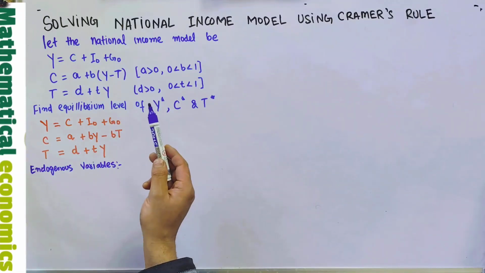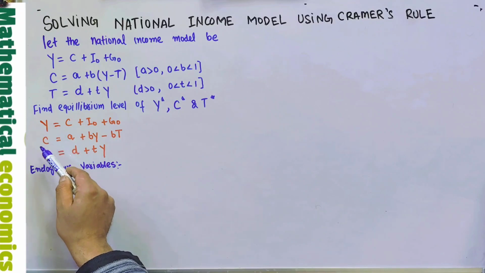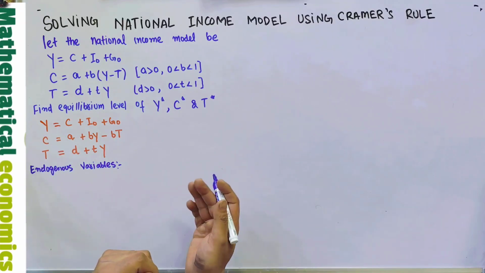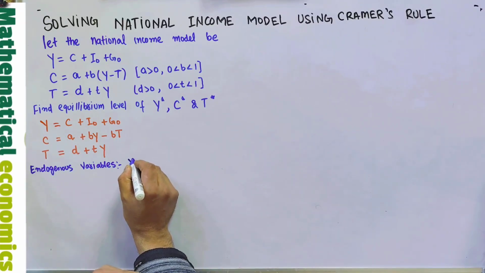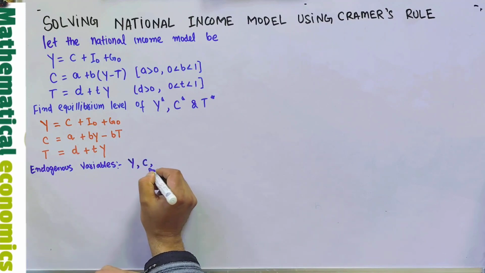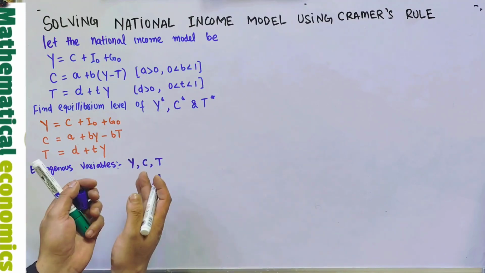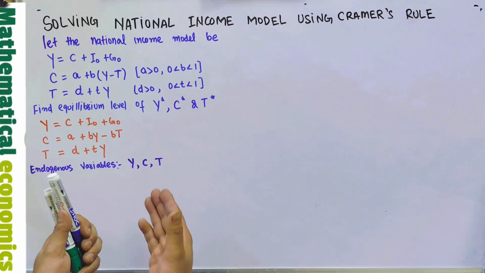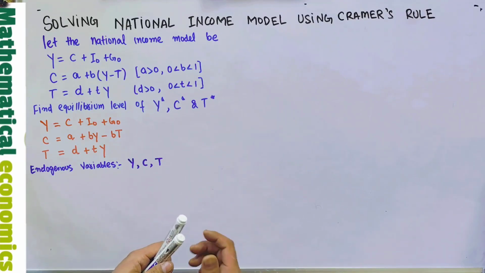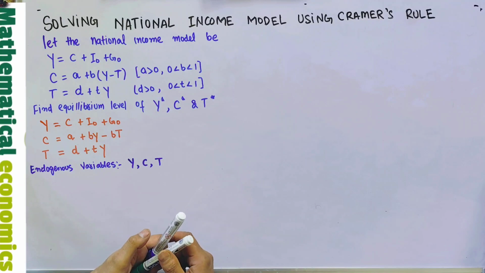So we have to find y, c and t. These are our endogenous variables here. The income, consumption and taxes that are to be found within the model are our endogenous variables. They are determined within the model.